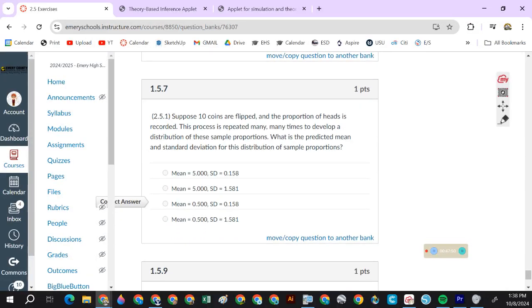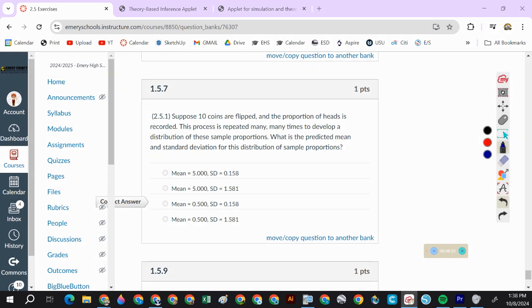Suppose 10 coins are flipped and the proportion of heads is recorded. The process is repeated many, many times to develop a distribution of these sample proportions. What is the predicted mean and standard deviation? So we expect 50%. And how do we get the standard deviation?